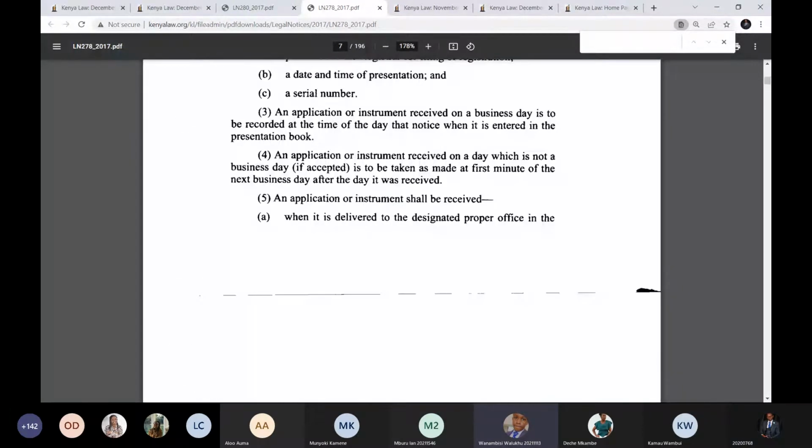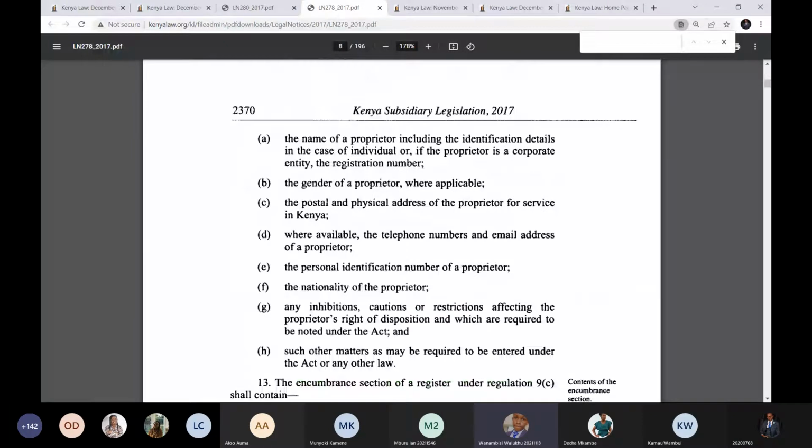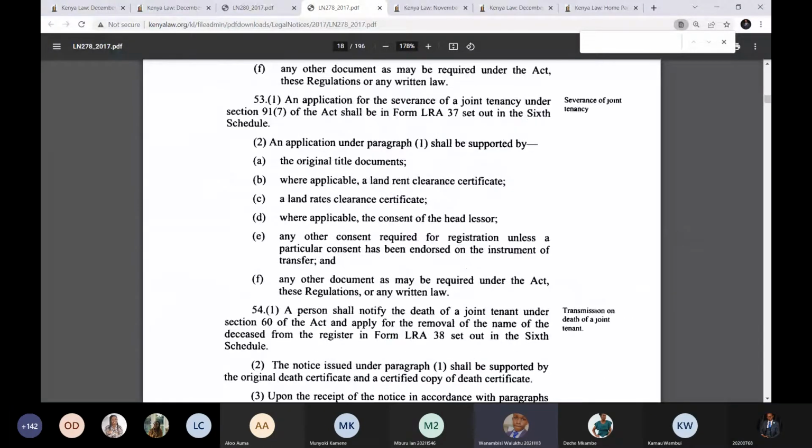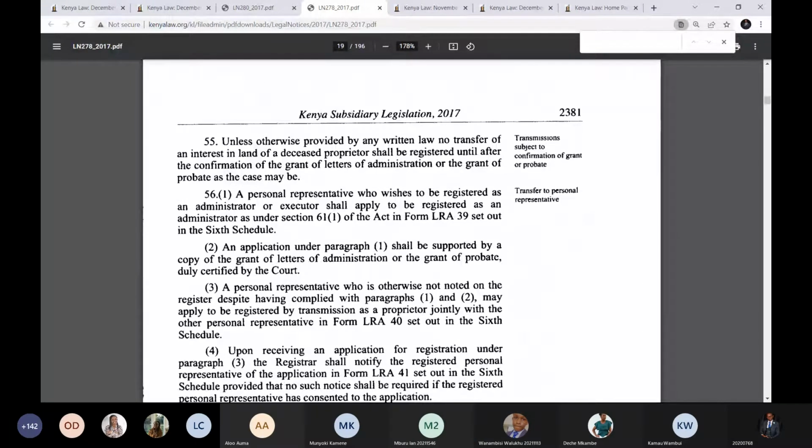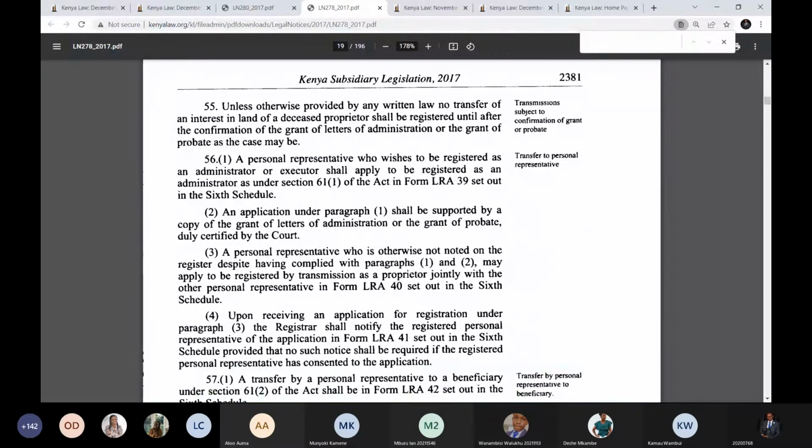Since transmission on death is divided into three, this one will definitely fall under transmission from a proprietor to a beneficiary.